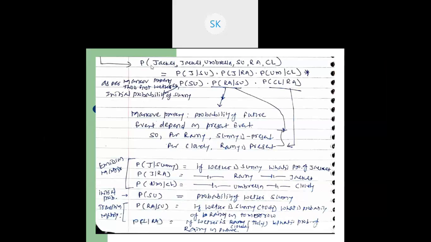For complete state one, the joint probability will be for the observations jacket and umbrella, with the hidden states sunny, rainy, and cloudy.